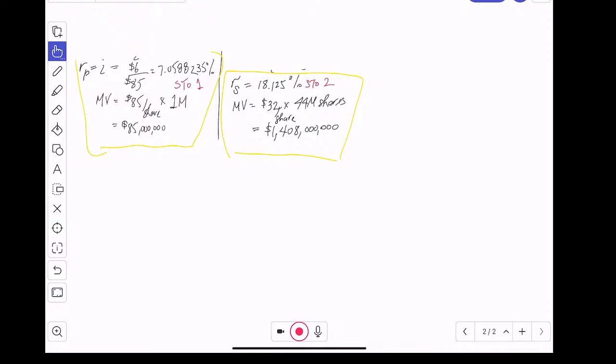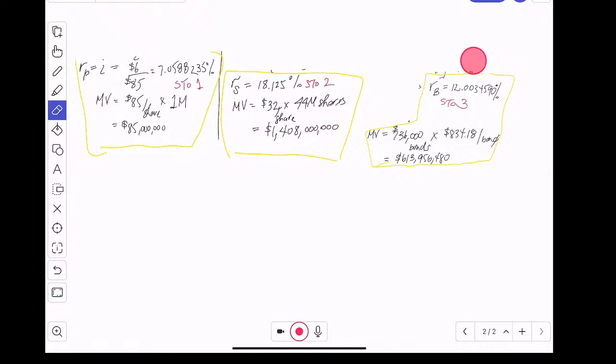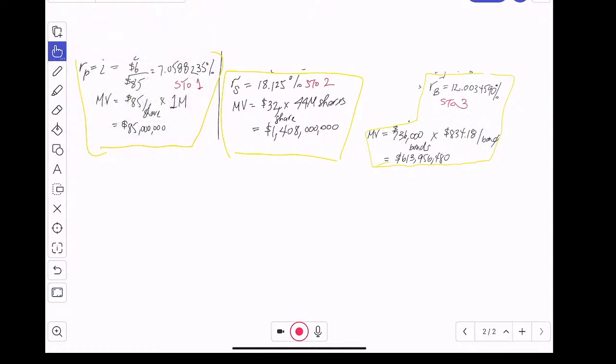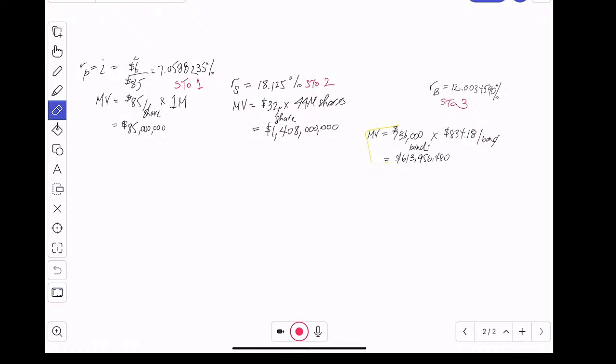So this is the final set of information that I need, and I'm going to put this together in my WACC formula.